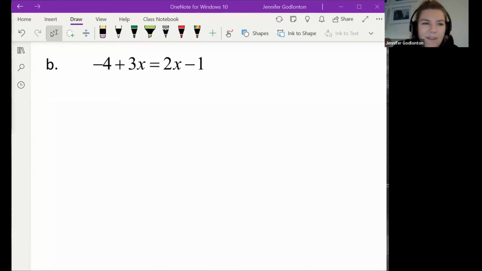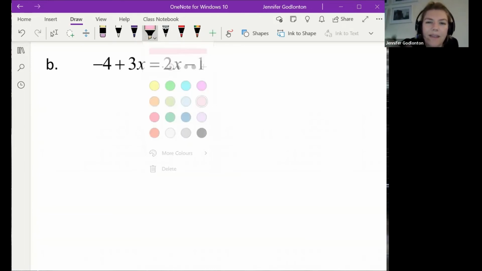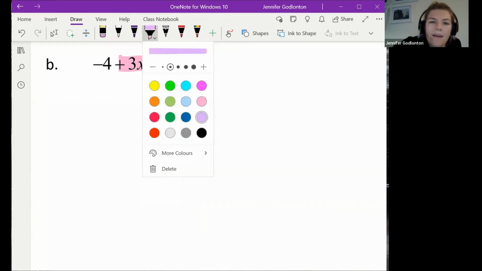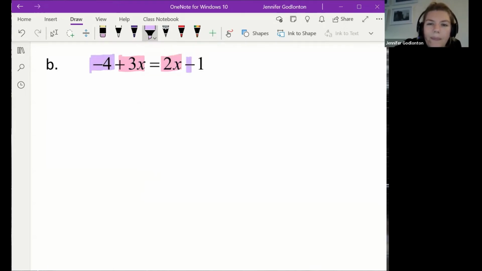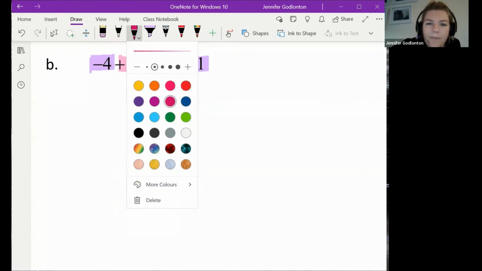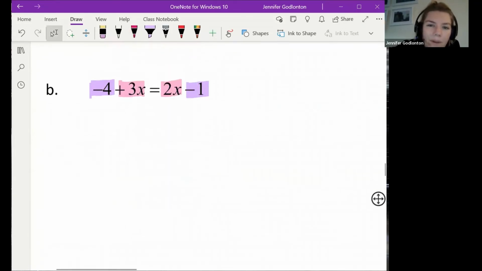Remember to write it in your book so you can mark. Yes, absolutely. Okay, Nkateko, talk us through. Okay, so I'm going to start with my positive 3x minus, I'm going to move my 2x to the other side, which will become negative 2x.